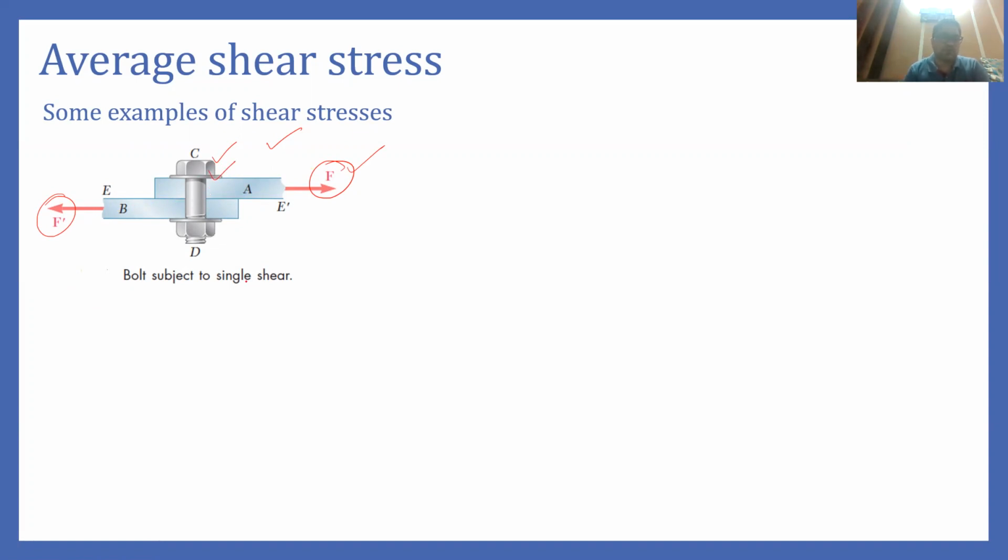So if we draw the free body diagram of this bolt subjected to this force, we will be able to identify that this bolt is actually subjected to shear force.